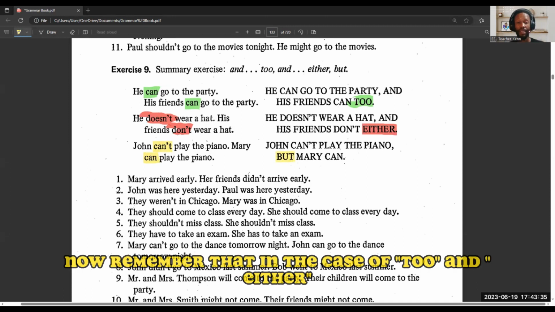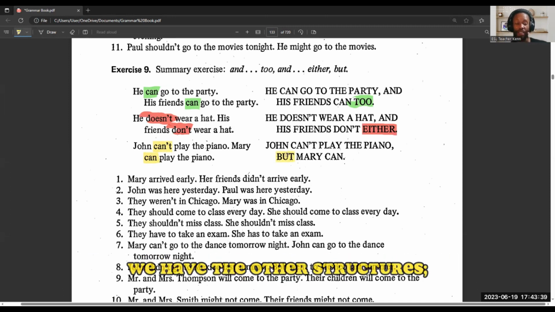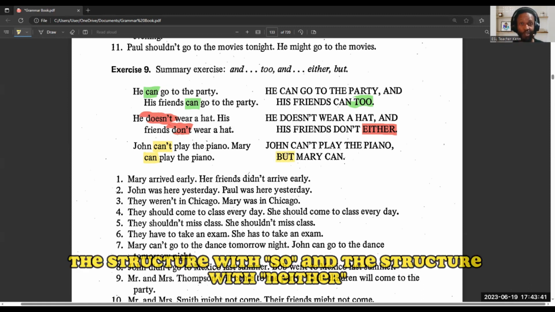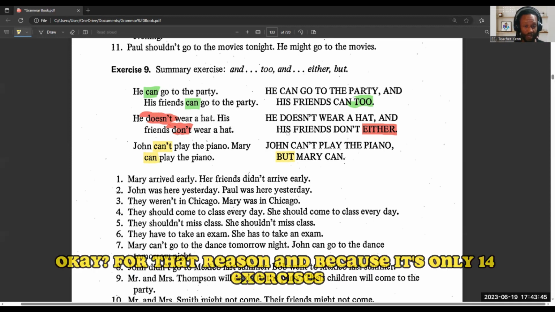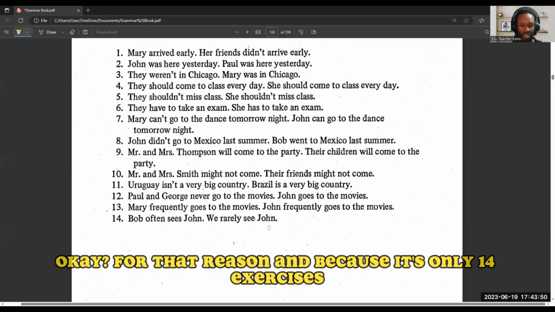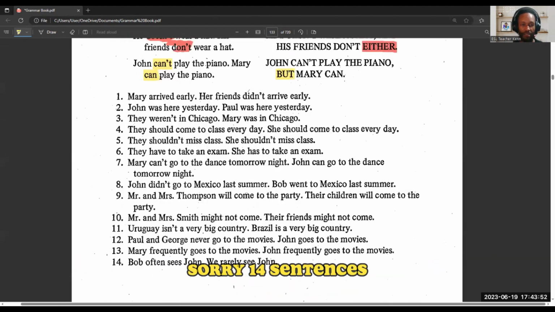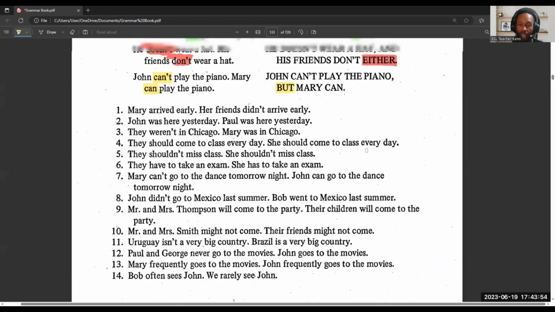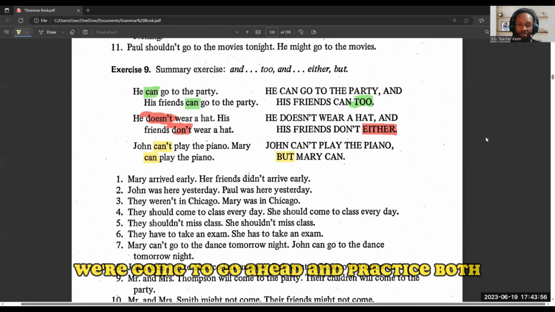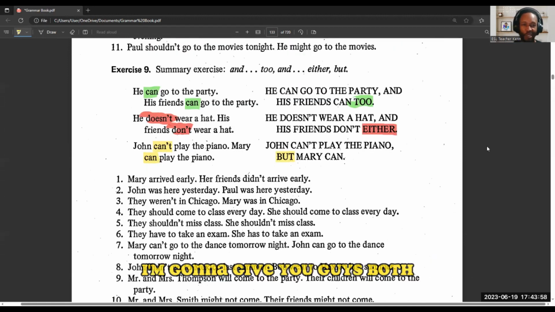So if we have one affirmative and one negative, like in example number 3, we will use but. Now, remember that in the case of 2 and either, we have the other structures, the structure with so and the structure with neither, okay? For that reason, and because it's only 14 sentences, we're going to go ahead and practice both. I'm going to give you guys both.